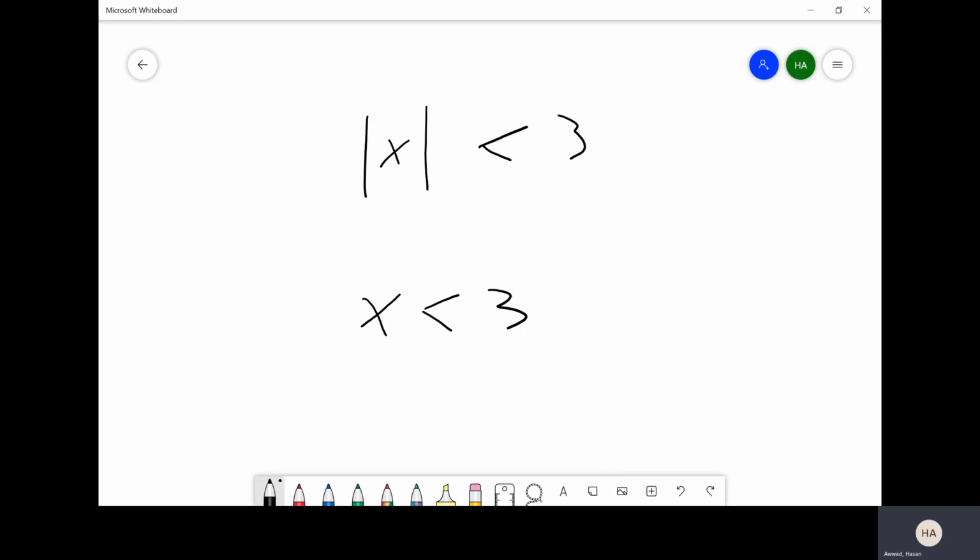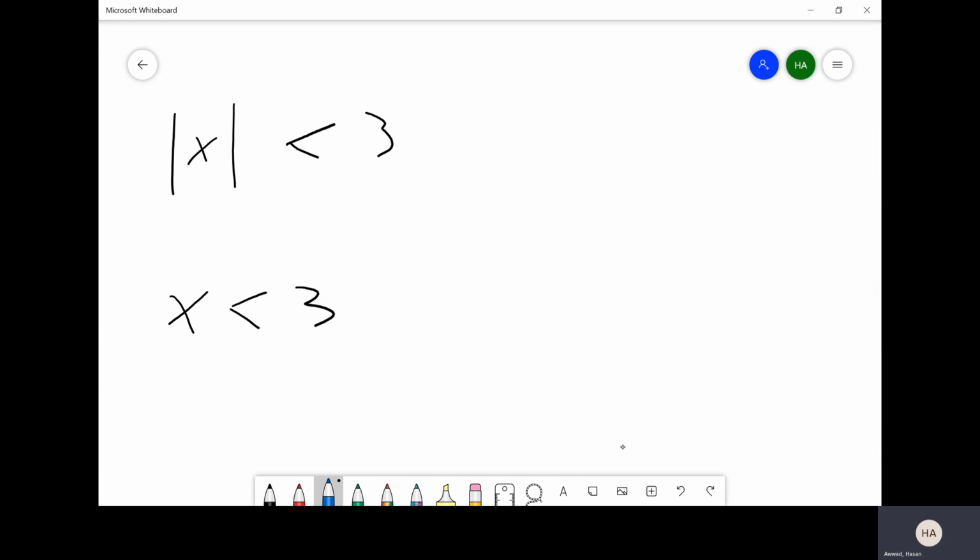As the numbers get larger and larger for the positive values, it still makes sense even without the absolute value sign. So hypothetically, if we plugged in 4 here, the absolute value of 4 is still just 4, and 4 less than 3 doesn't work. This is false. But we can look at all the numbers that are less than 3. So why don't we start going through a couple?